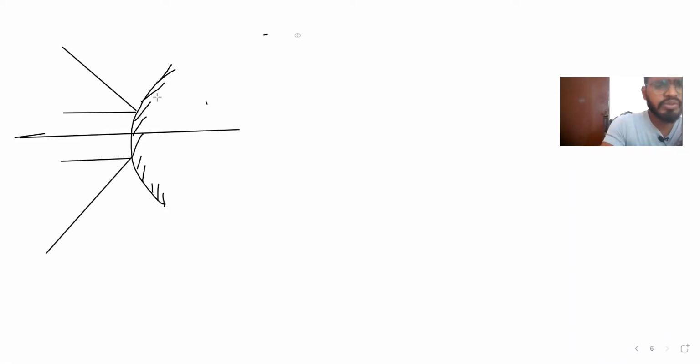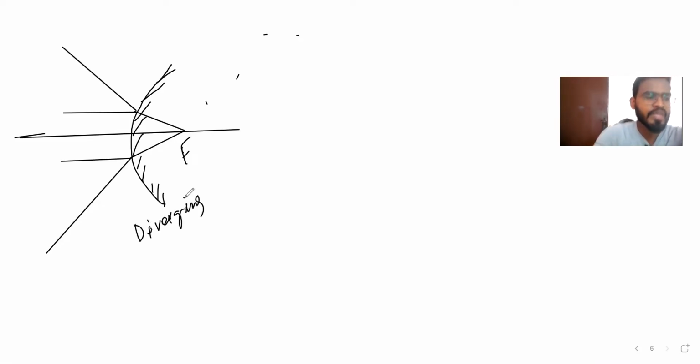I'm just taking two so that, for example, we can see how it will form an image. Somewhere here the rays of light are parallel, so the image is forming somewhere here. Somewhere here we consider the focus. Fine. So we can say it is diverging mirror, right? Concave mirror is also known as a diverging mirror. Concave, if you see, it will be like this.